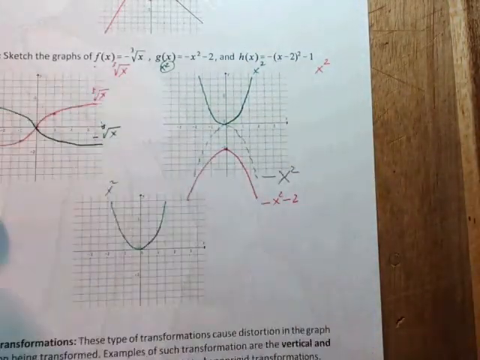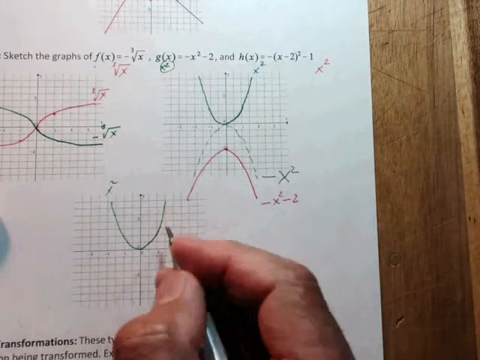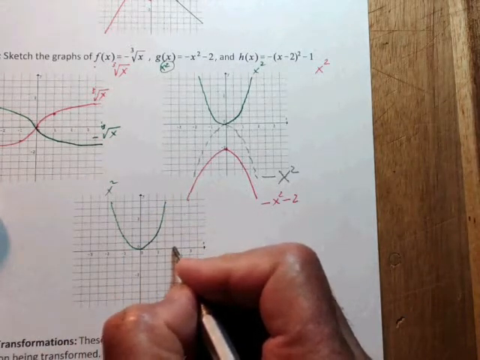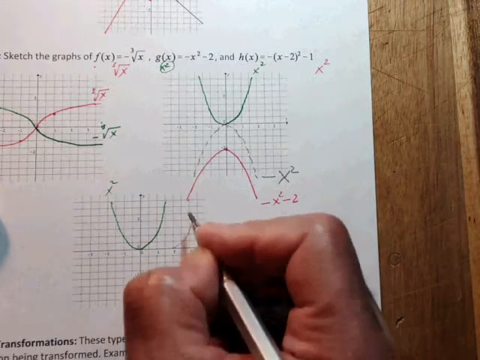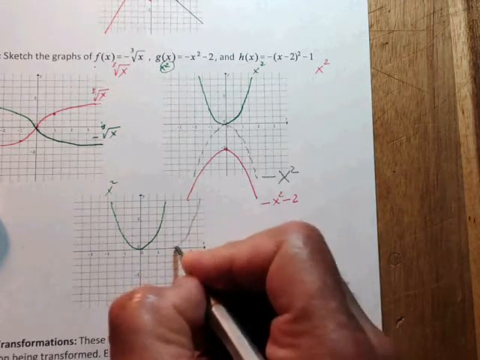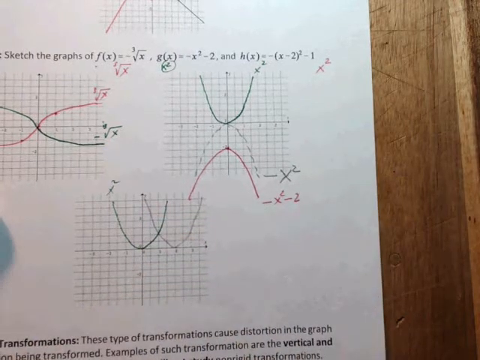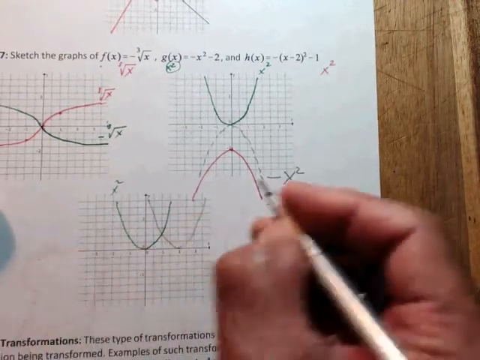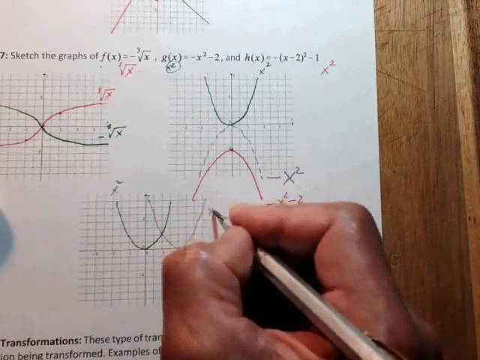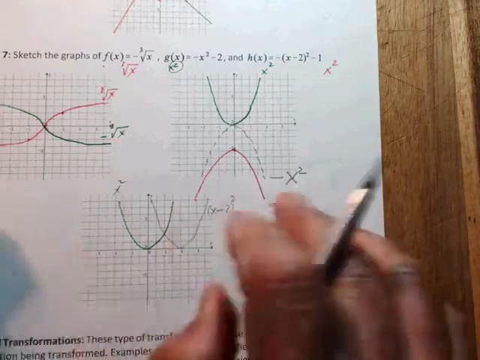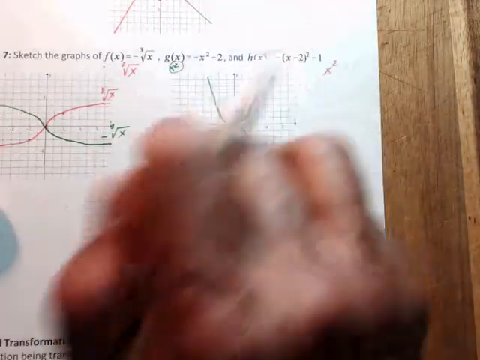So I move this to the right by 2 units. So I'm going to use the pencil. So 1, 2, like that. So this is x minus 2 squared, moved to the right 2 units, you see.